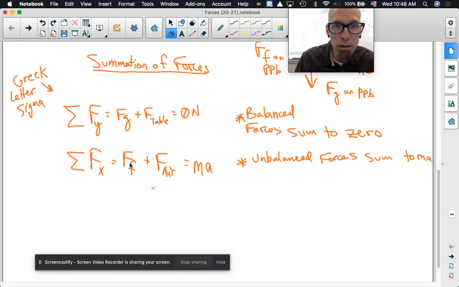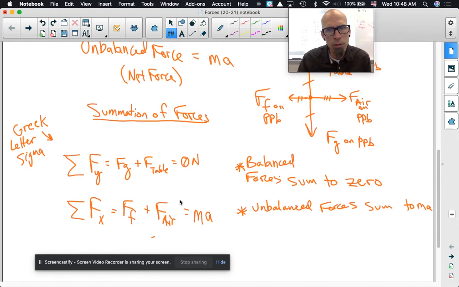When you add up everything that's acting, I want you to look at this because this is critical. Is all of the force of air that's acting on the ping pong ball making it accelerate? The answer is no. Some of that force of air is being counteracted by a friction force that's opposing the force of air.